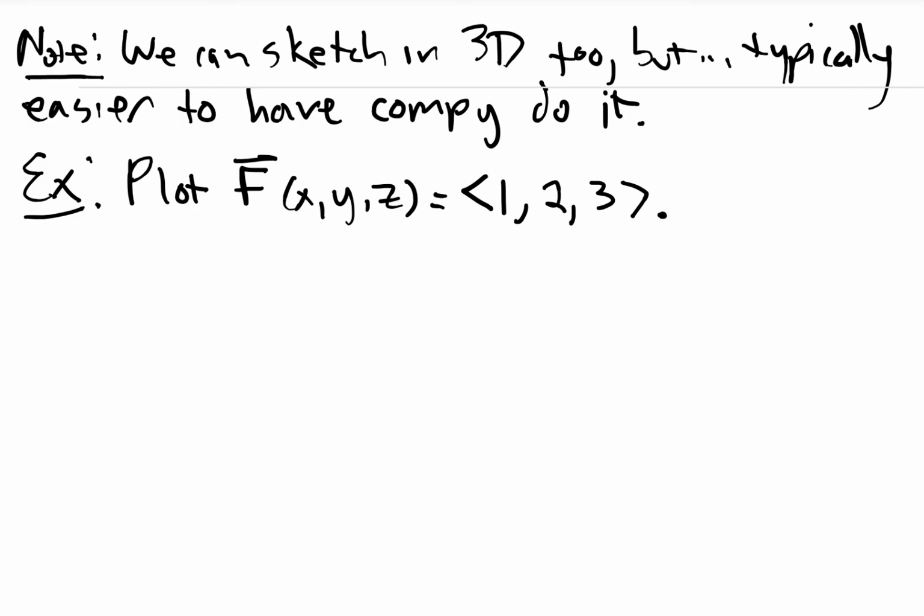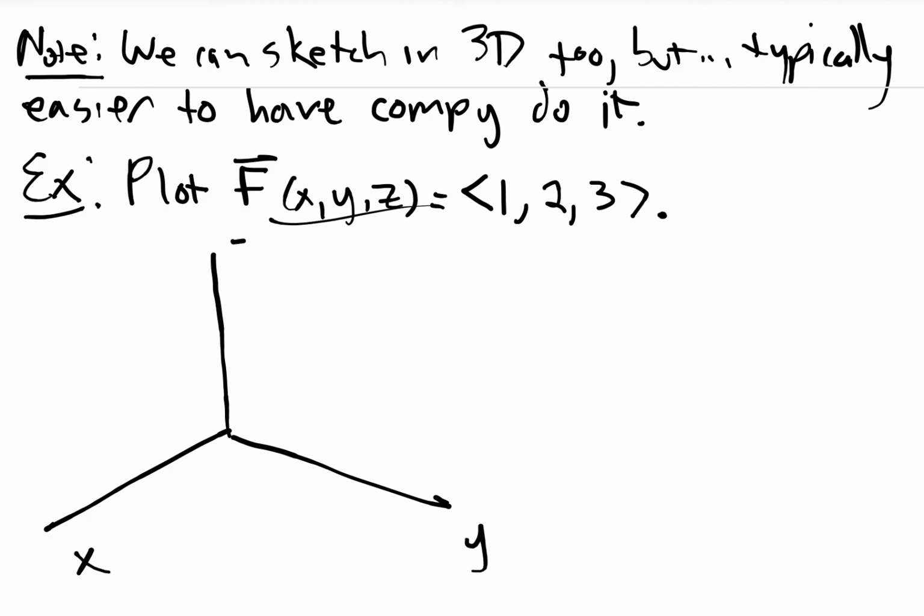But just so you guys have a reference and can get a feel for what a 3D vector field would do, I'm going to draw this constant vector field here. Again, 3-dimensional vector field, that means we are living in R3. Since this is a constant function, basically what this is saying is that at any (x, y, z) coordinate, any point at all in 3-space, it spits out the vector (1, 2, 3).